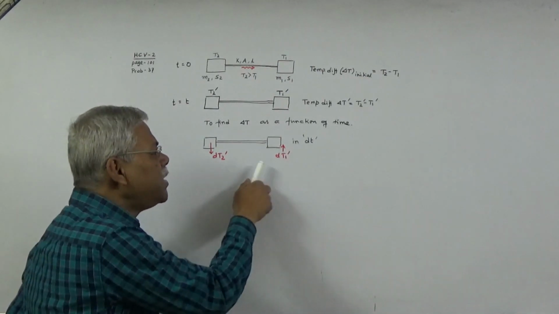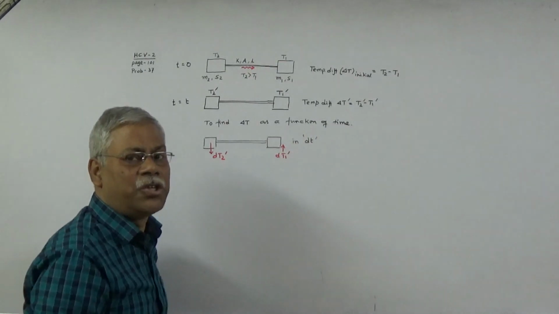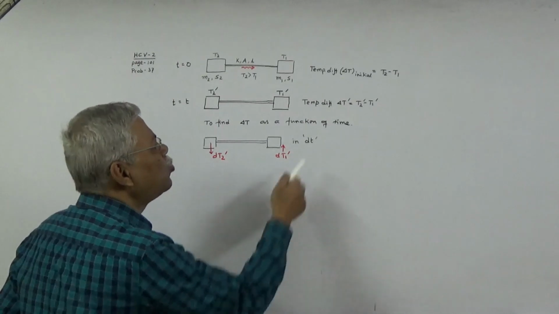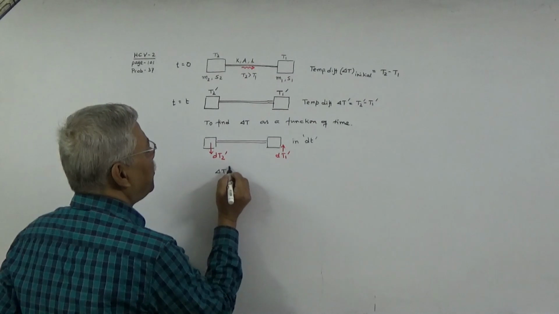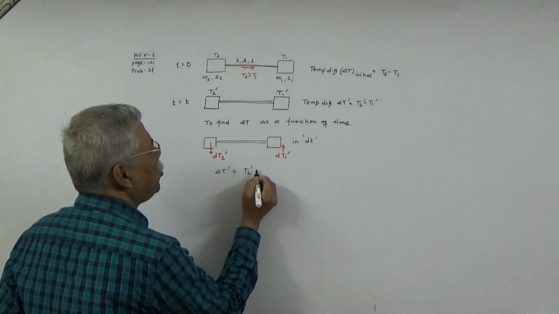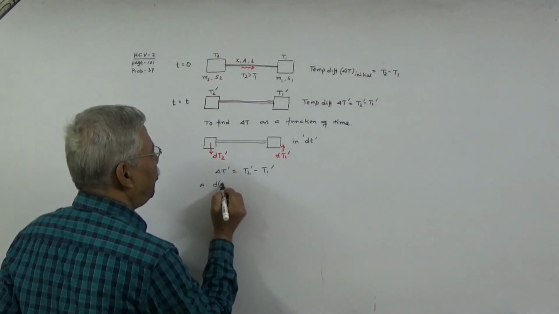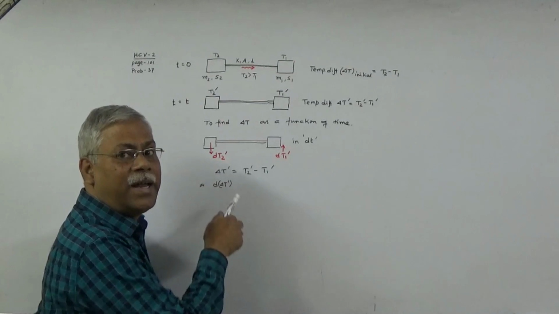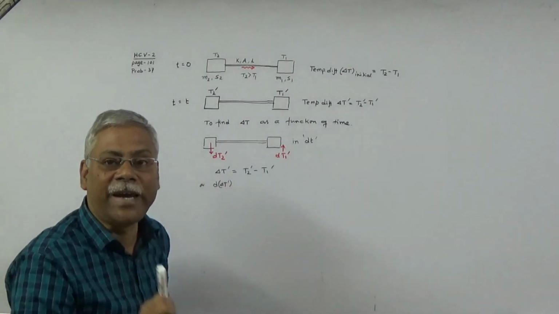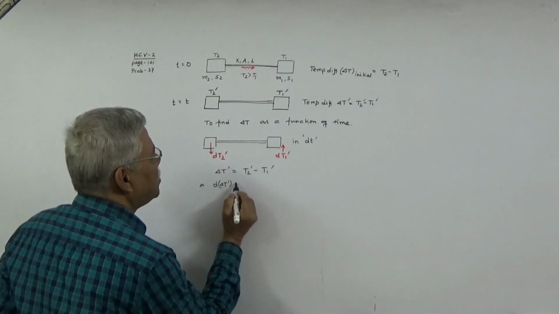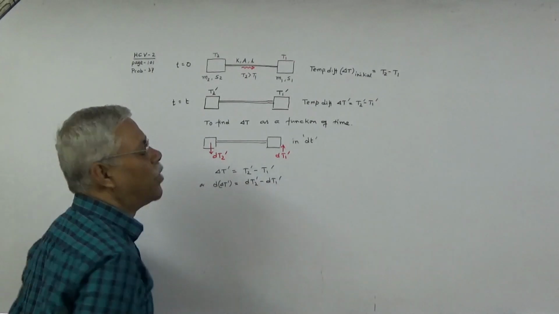Because of this change, the temperature difference will also change. We know del T dash equals T2 dash minus T1 dash, or d del T dash, where del T dash is the temperature difference and d del T dash is the small change in temperature difference. This is equal to dT2 dash minus dT1 dash.